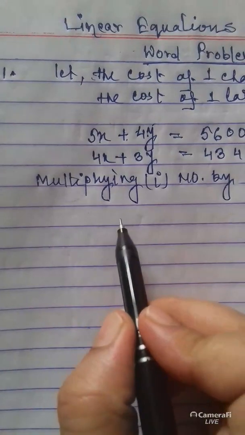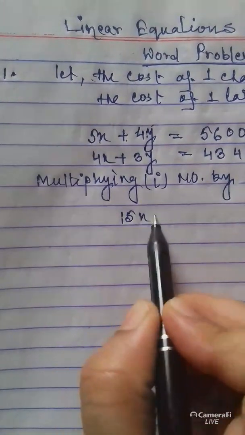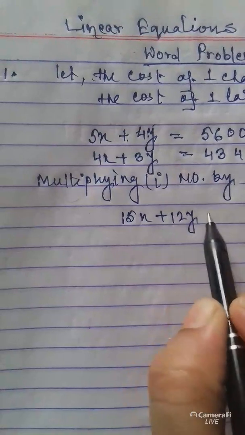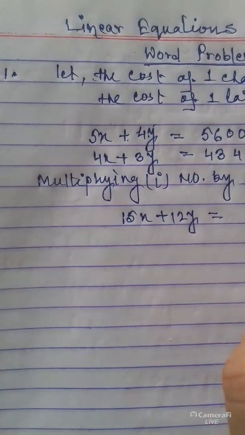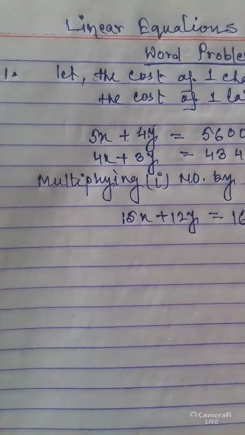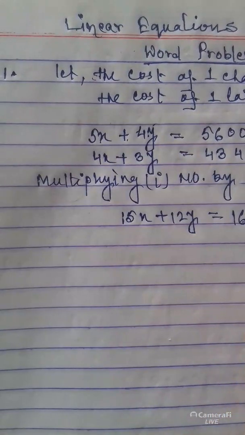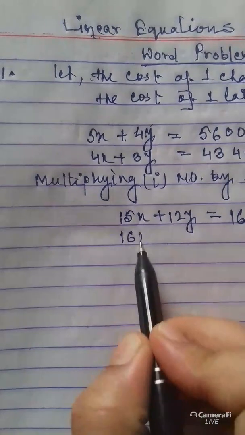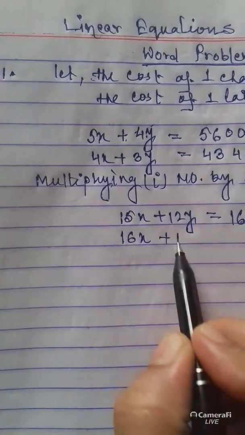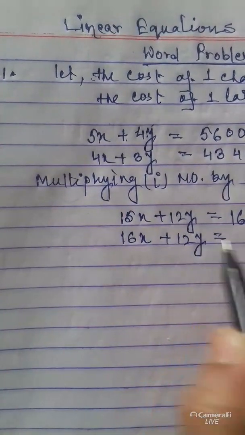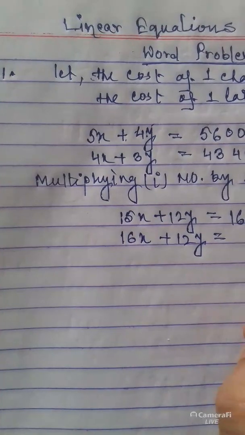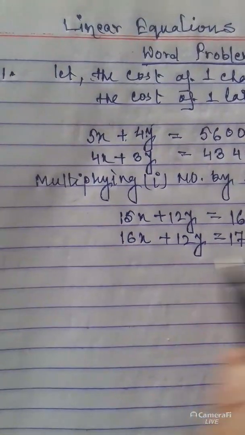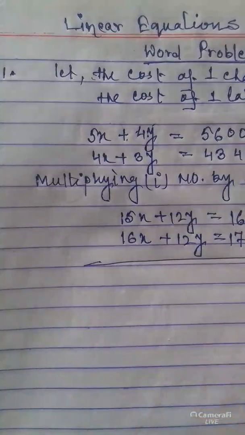Then what will we get? 3 fives are 15x plus 12y equals 16800. And from the second equation, 16x plus 12y equals 17360.